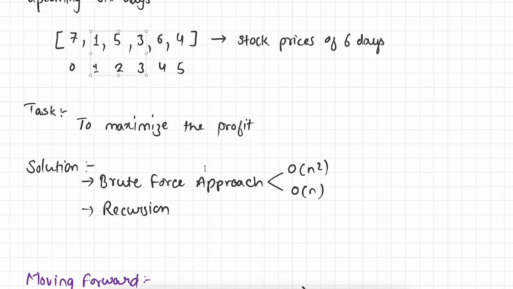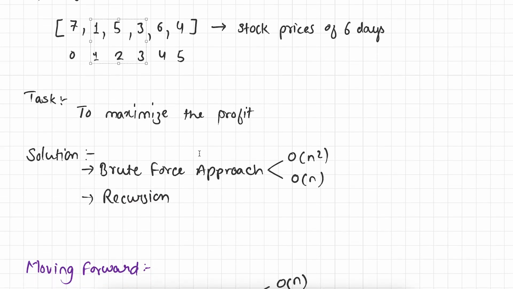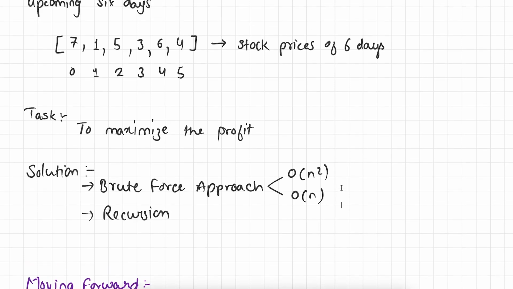In the previous video, we saw the brute force approach to solve this problem, and in that approach, we used recursion. After solving this problem using recursion, the time complexity came out to be O(n²) and space complexity came out to be O(n). But we are not satisfied with this time complexity. We can do better. We can solve this problem in constant space and linear time complexity.